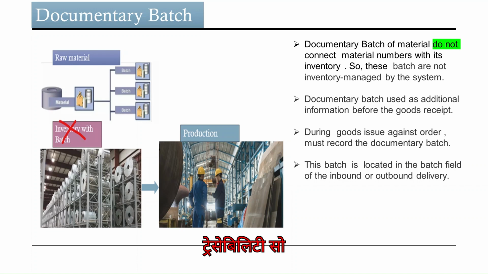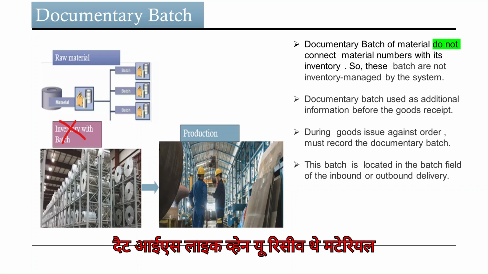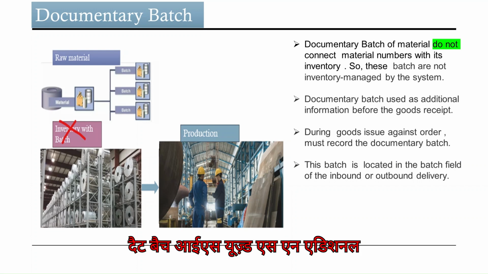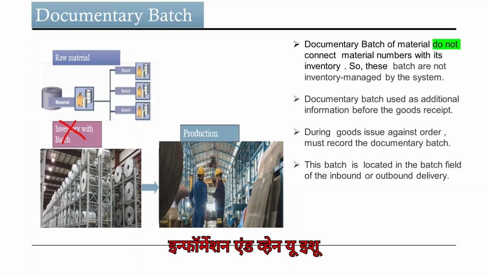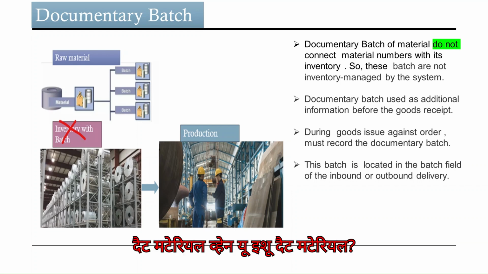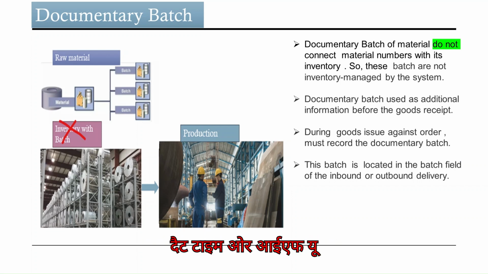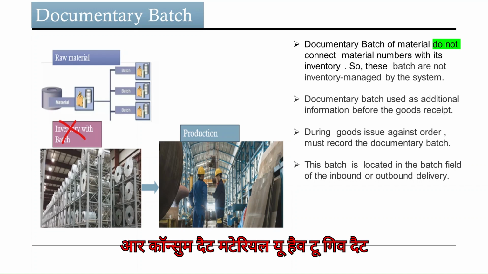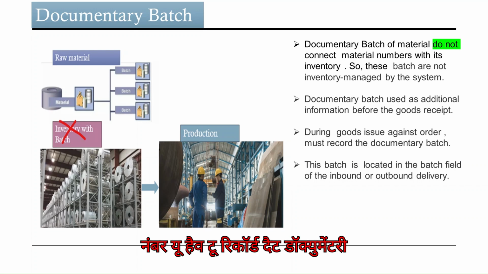When you receive the material, that batch is used as additional information, and when you issue or consume that material, you have to give that number. You have to record that documentary batch, so that batch number will be used for traceability.